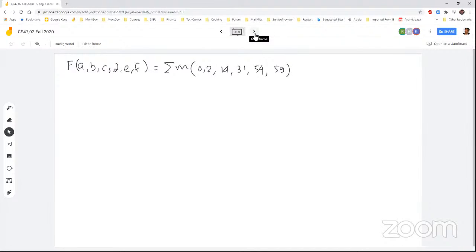Our main problem at hand is this: we have 6 variables, we cannot deploy a K-map. How do we build this circuit given this SOP? We can use this component, a 6 to 64 line decoder.